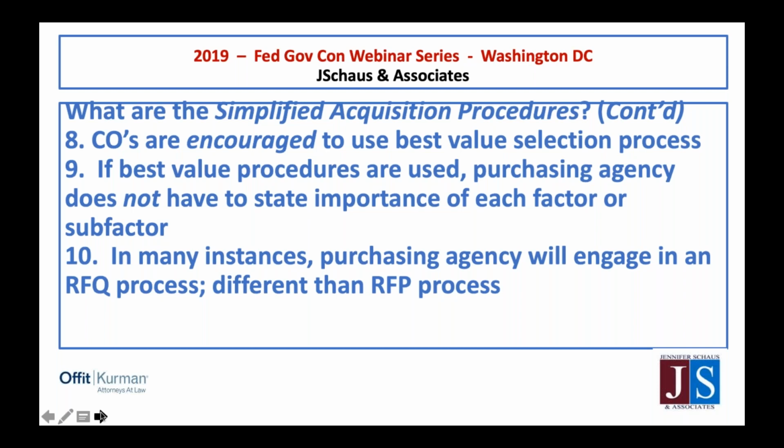If they do decide to use best value as part of the simplified acquisition procedure process, they don't have to tell you what's most important as far as factors or sub-factors are concerned. If there are multiple factors or sub-factors that will play into the selection process, they have to tell you what they will be considering, but they don't have to tell you which particular factor is more important than another.